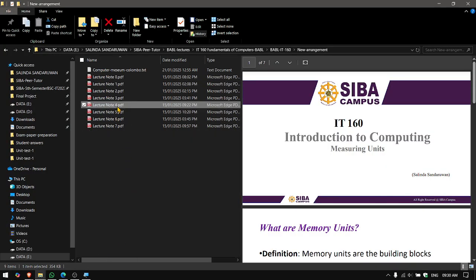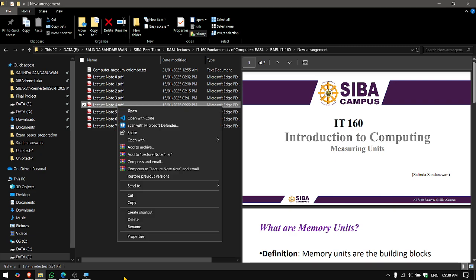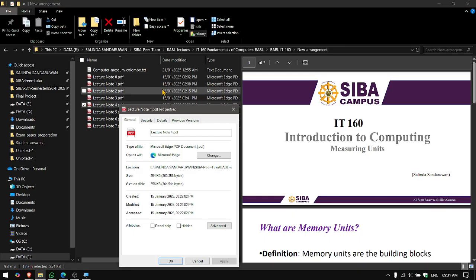So let's check the size of this PDF. It says 356 KB. KB means kilobytes, or in bytes it's 363,335, almost 3 lakhs of bytes.